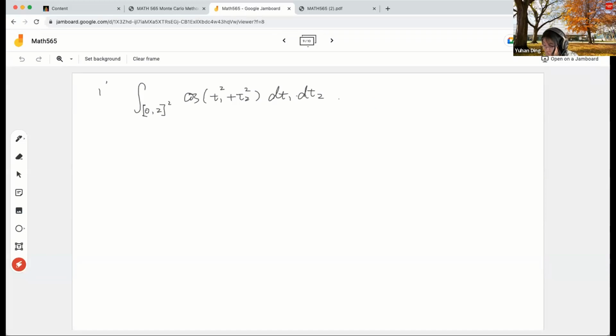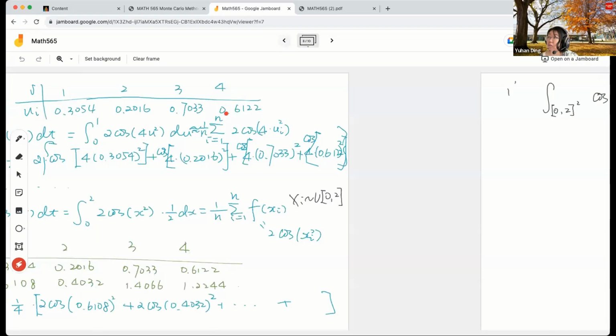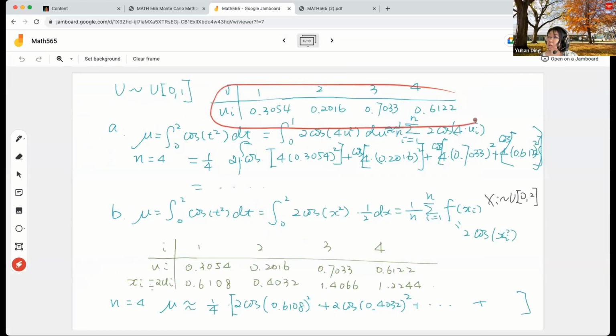If you are given the same random variable as what we have here, how shall we try to solve this problem?